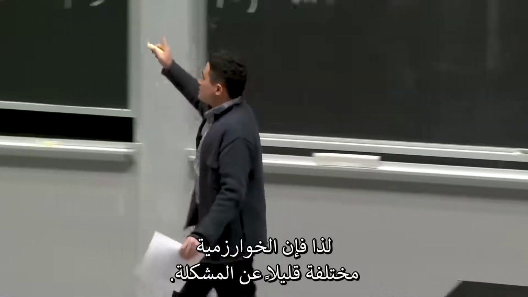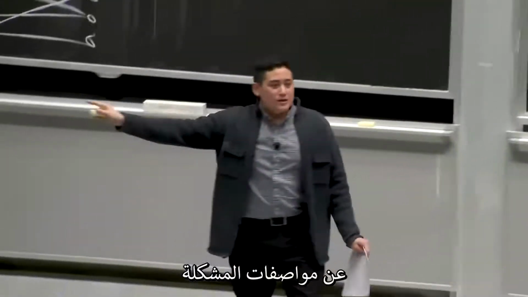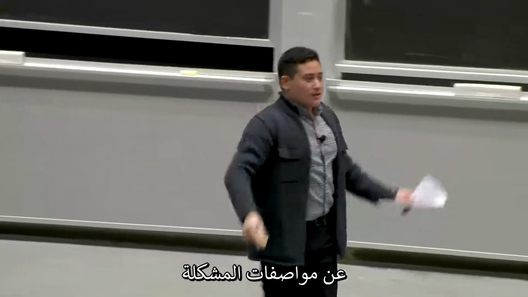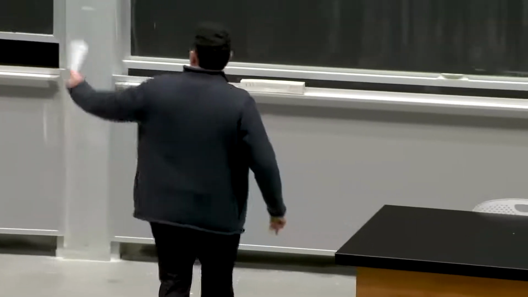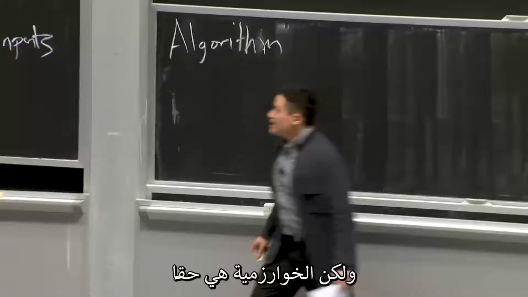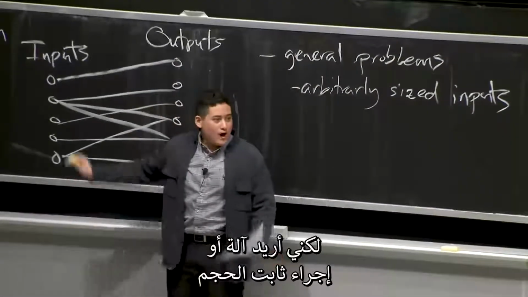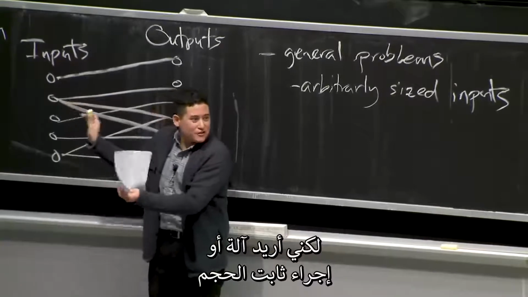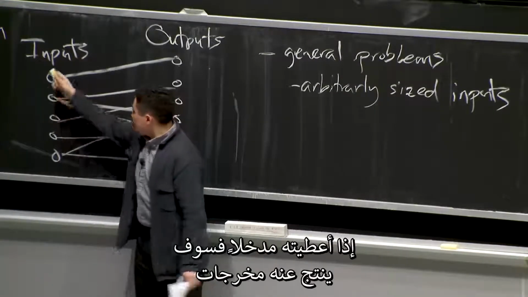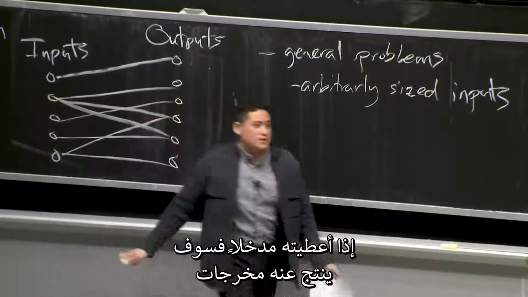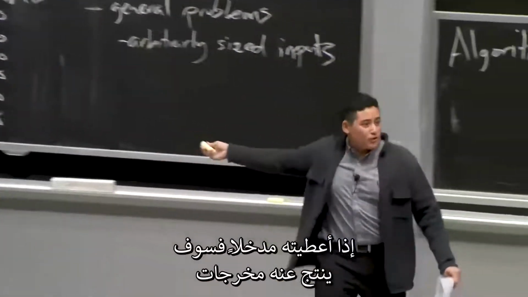So an algorithm is a little different than a problem. A problem specification, I can state to you what this graph looks like. An algorithm is really, I don't know what the outputs are, I don't know what these edges are. But I want a fixed size kind of machine or procedure that if I give it an input, it will generate an output.